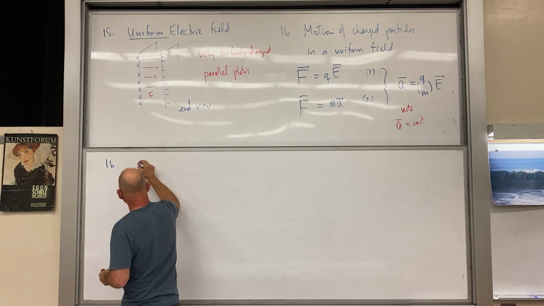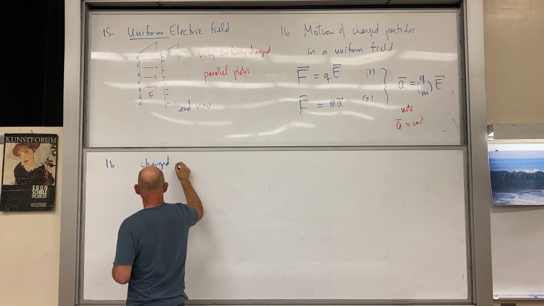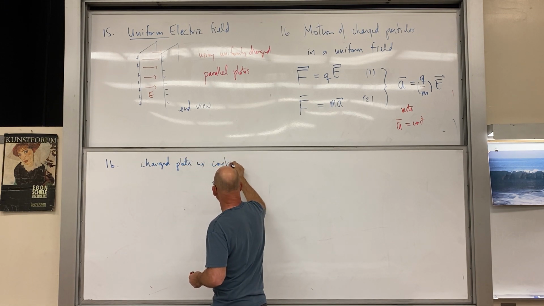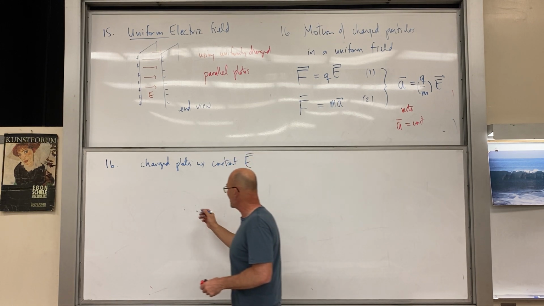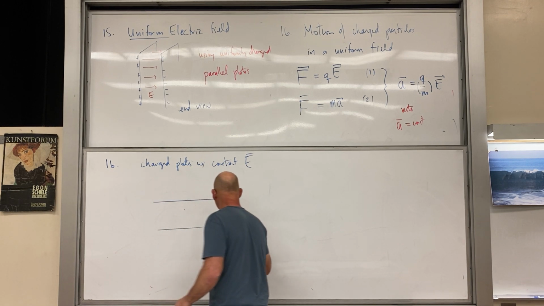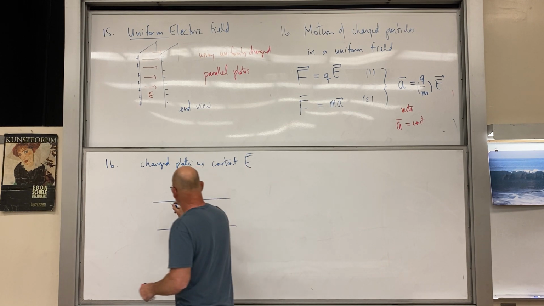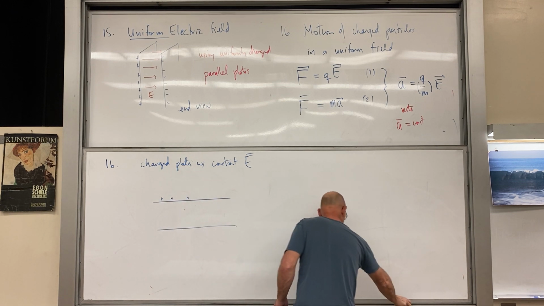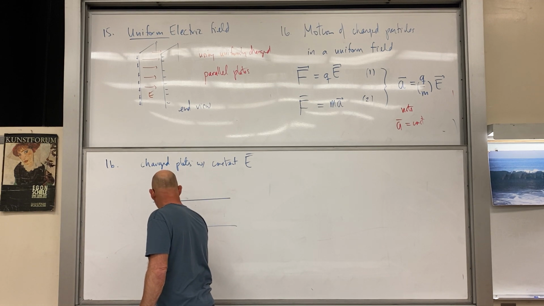So we're going to have charged plates with constant E, which is to say uniform E. So let's go ahead and put them like this. And I don't even know which ones I want to have positive and negative, but for the sake of argument, we'll put the plus on the bottom.